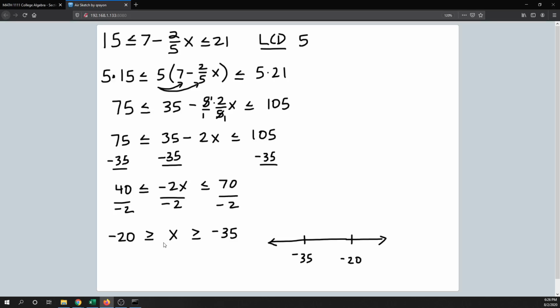If I plug the -20 into this inequality for x, I'm going to get -20 is greater than or equal to -20, which is true, and -20 is greater than or equal to -35, which is also true. Okay. And same thing for the -35.